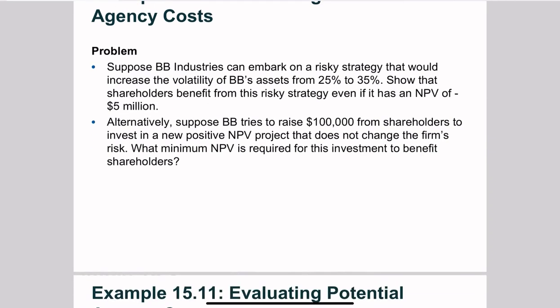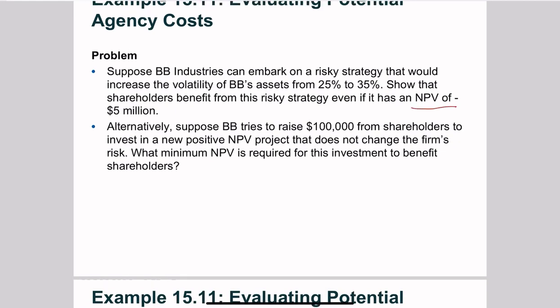Okay, for the first one. Now investors are pursuing a strategy which has a negative NPV of minus 5. So supposedly this should reduce equity's value, right? However, it increases the firm's volatility. And we understand the firm's equity can be considered as a call option on the firm's asset.